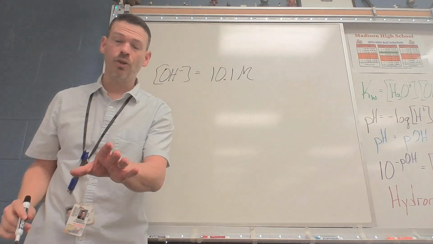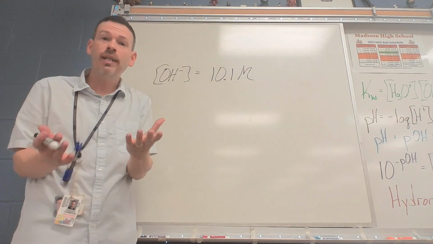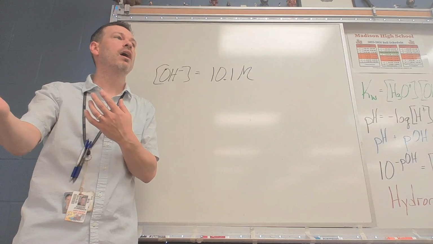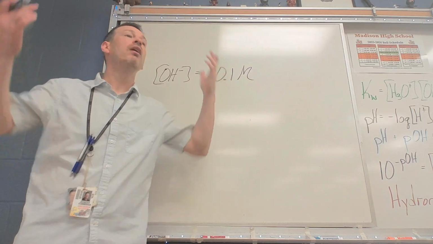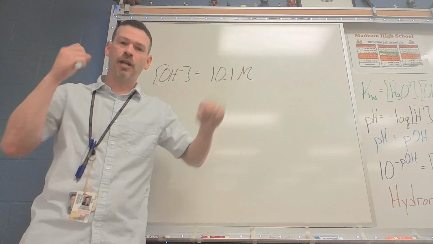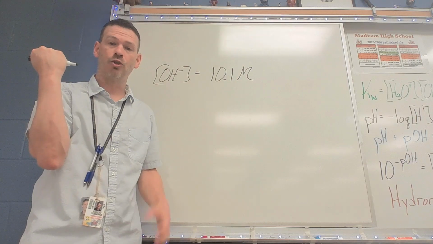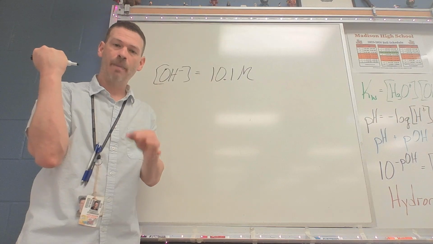Your notes tell you that if you have a hydroxide concentration, you can still go negative log, but it won't spit out pH. It'll spit out pOH. So you've got to have that separation. H+ and H3O+ always talk to pH because those are hydrogen, those are acid compounds.